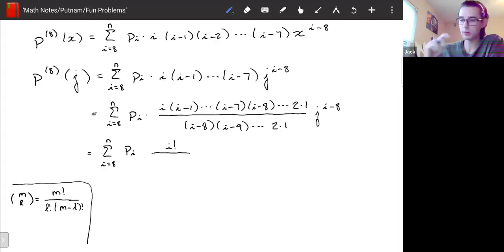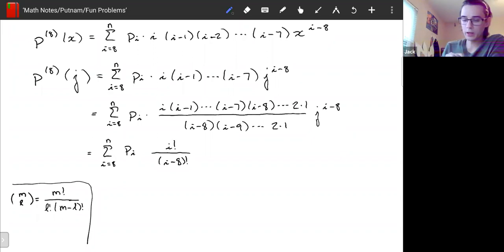There we go. All right, so let's see. This right here is exactly what we have here, this m minus L, where m is taken to be i and L is taken to be 8. So this bottom part is just i minus 8 factorial.